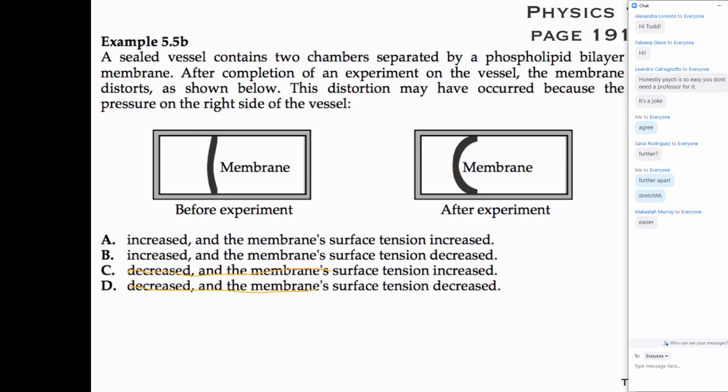So the perspective I want you to have, the way I want you to define surface tension, is the amount of tension you would pull to break apart the surface. So as it gets stretched more and more and more, you don't have to pull as much to finally break it. So as molecules get further apart, they're held together less tightly, so surface tension actually decreases.